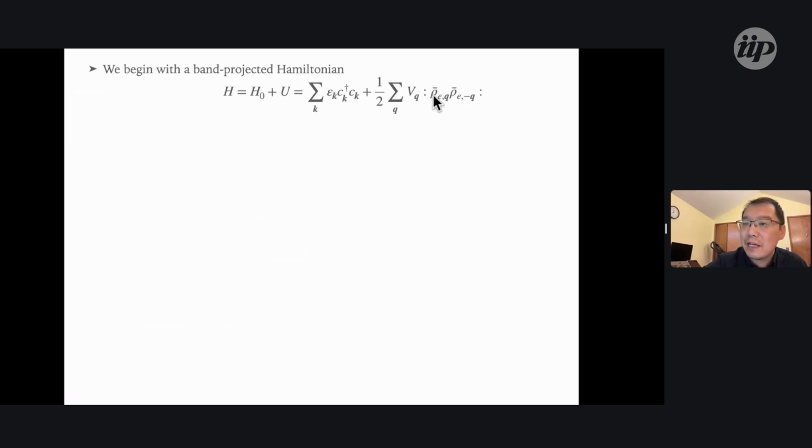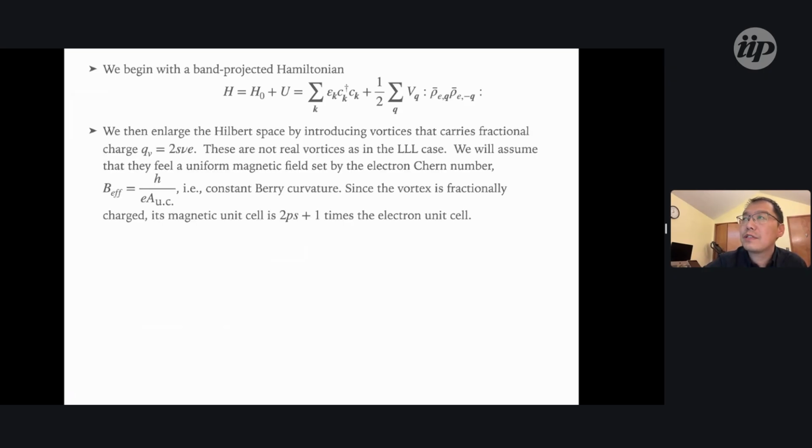Then the next step, as I mentioned earlier, is to enlarge the Hilbert space by introducing vortices that carry a fractional charge. This is by design, and is given by 2sνe. In fact, if you think about a fractional Chern insulator, talking about a vortex doesn't make much sense. They are not real vortices as in the Landau level case. You can just assume they are some kind of fictitious particles, but they carry the charge given by this expression.